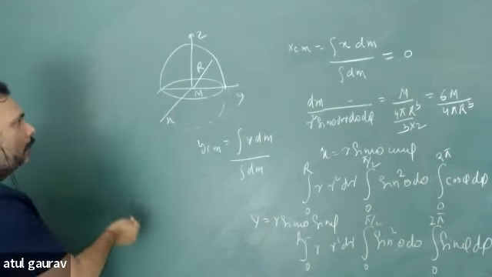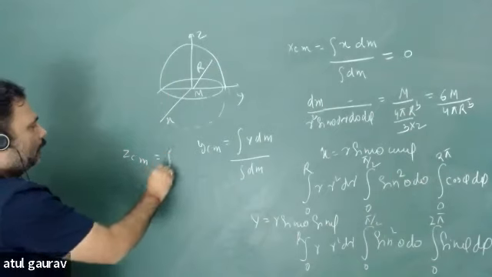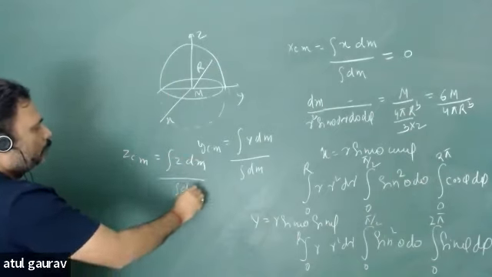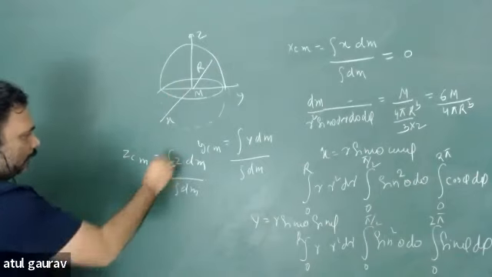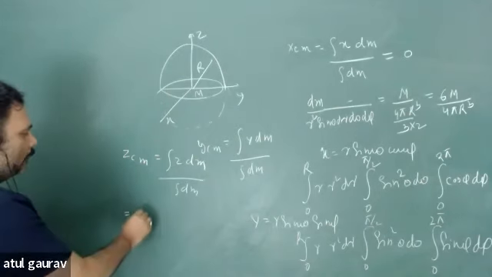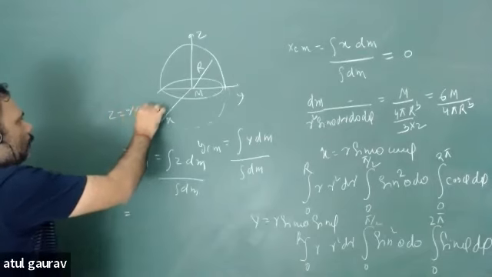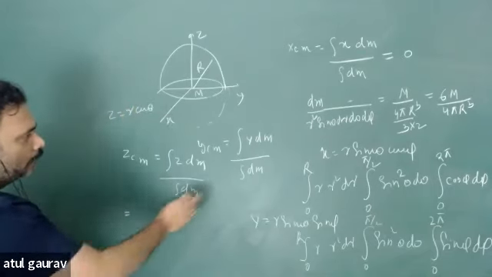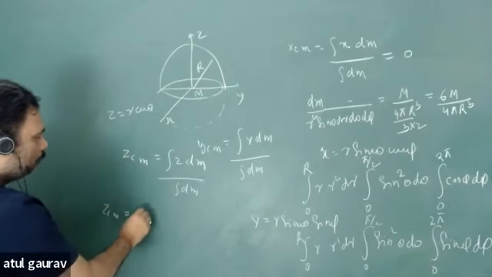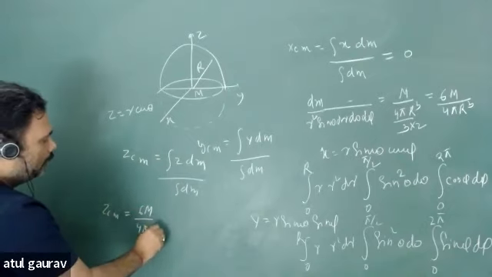Look at what will happen when we go for ZCM. That value is the integration of ZDM by dm. Obviously, we have to integrate it. And what is your Z? Z is nothing but r cos theta, isn't it? So Z is equal to r cos theta. And when we write everything, ZCM is equal to 6m upon 4 pi r cube.